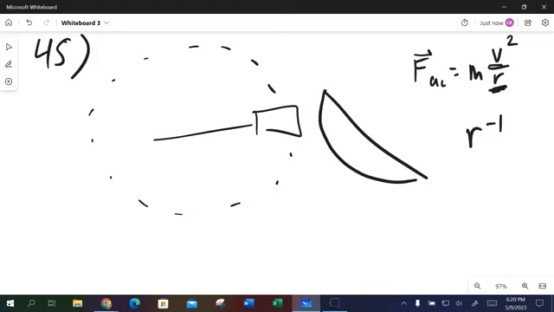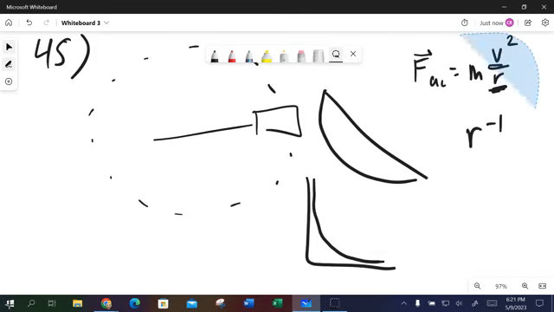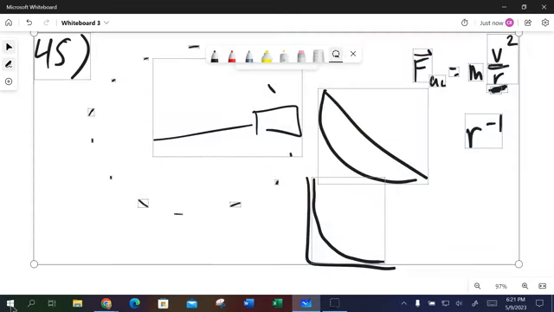Just put in anything for your values. You could just do 1 for your mass, like 5 for your velocity squared, divided by x. You'll see that it's going to make a graph kind of like this. So our answer is going to be D.